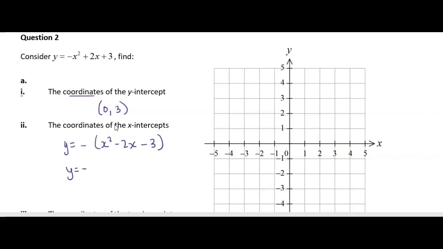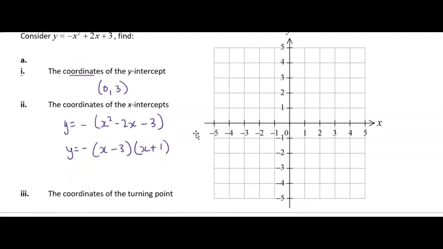So forget about that negative out the front. We're just going to factorize what we have in brackets. So we need two numbers that multiply to give us -3, and add to give us -2. So we're going to have x minus 3, x plus 1. So -3 times 1 gives you -3. -3 plus 1 gives you -2x.